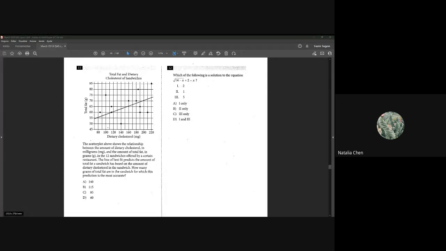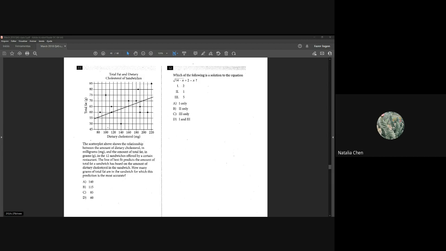The scatter plot above shows the relationship between the amounts of dietary cholesterol in milligrams and the amounts of total fat in grams. In the 12 sandwiches offered by a certain restaurant, the line of best fit relates the amount of total fat a sandwich has based on the amount of dietary cholesterol in the sandwich.